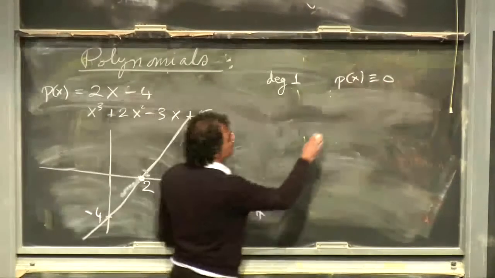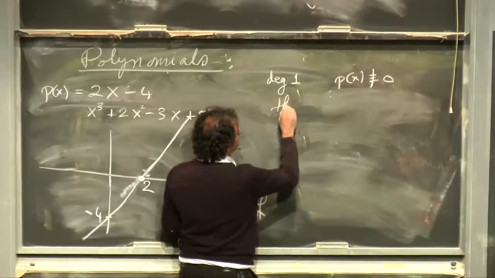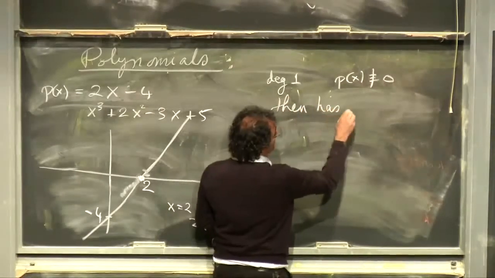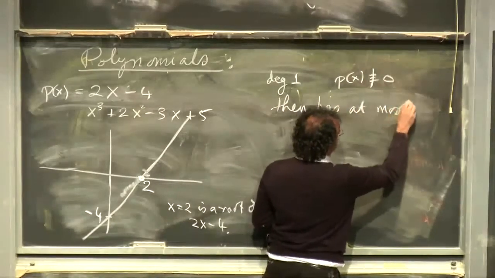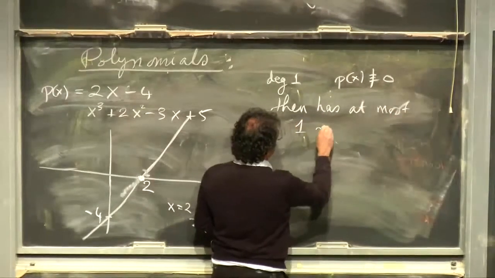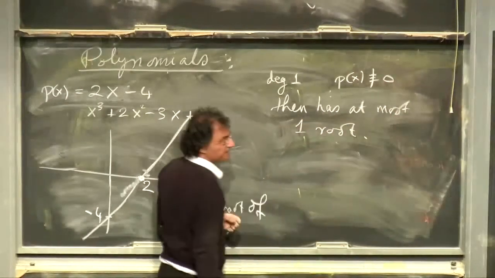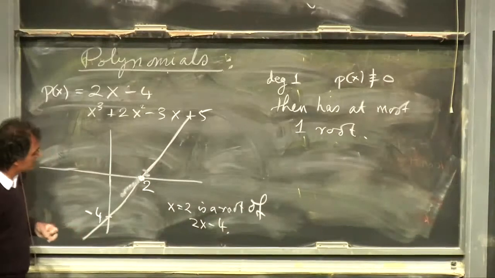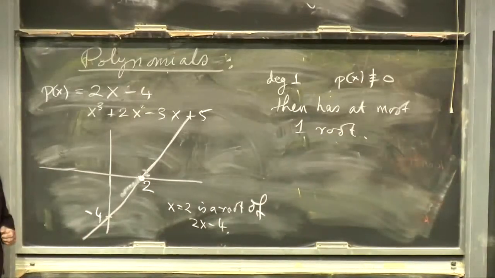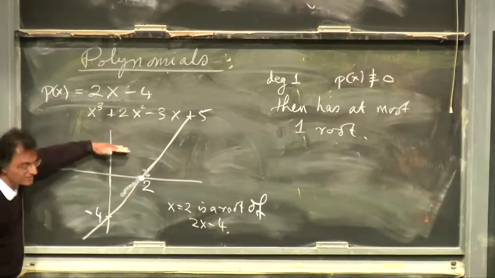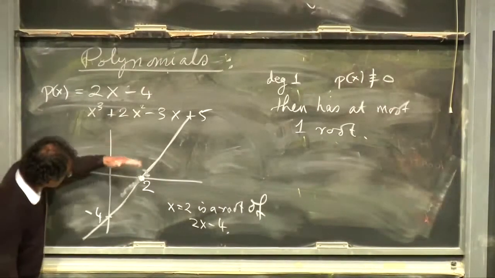As long as p of x is not 0, then it has at most one root. How could it not have a root? Yeah, it could be parallel to the x-axis.